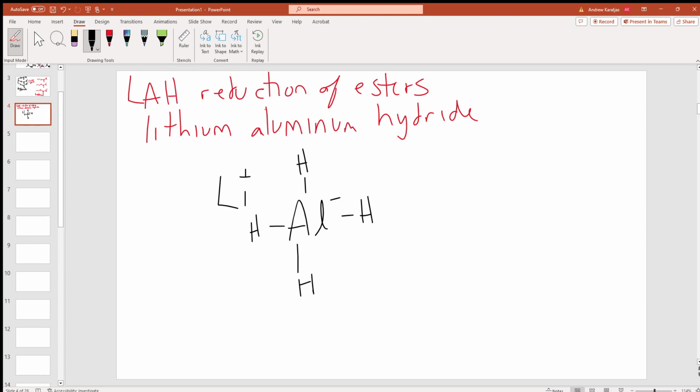Now, the mechanism we're going to show is most likely an oversimplification of this reaction, but for the purposes of a sophomore, junior level organic chemistry class, it works fine to illustrate what we need to know about this reaction.